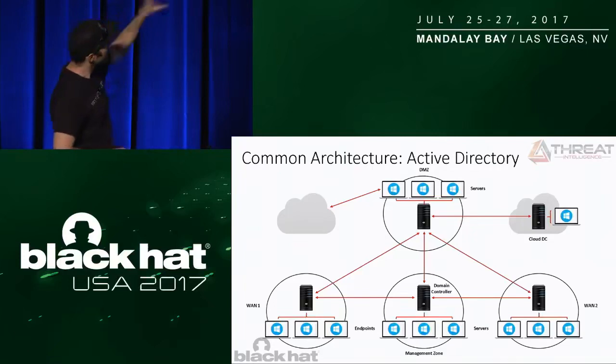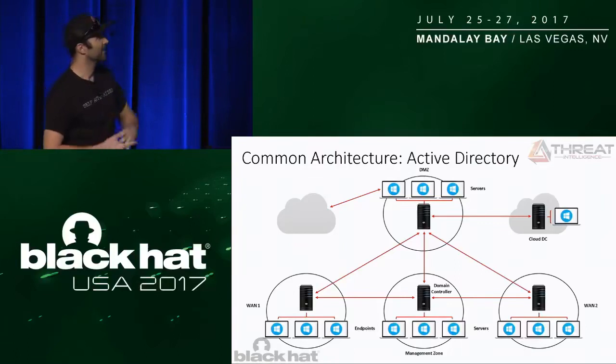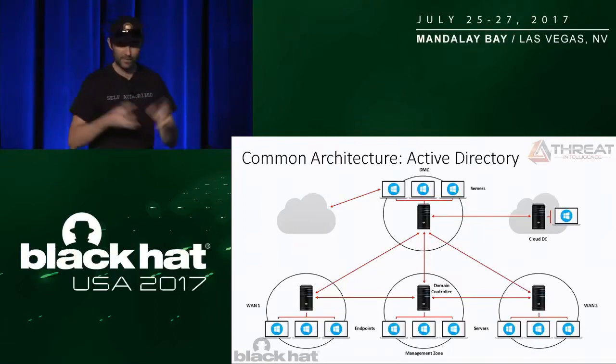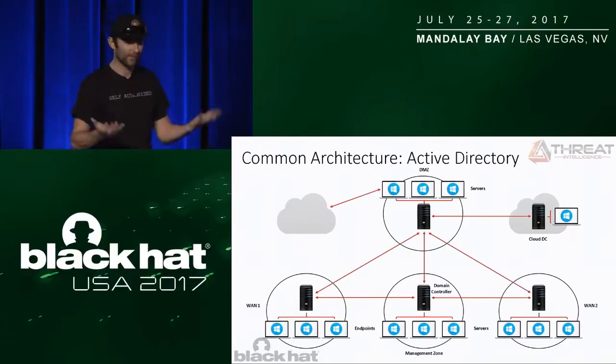So this is a picture of a common organization. You might have a DMZ, and you may or may not have a domain controller in there. You've got your cloud DC on the right, which may have a cloud domain controller in there. And then you've got your various different security zones, which may be your WANs or your various network segments, and they may have their own domain controllers in there as well, right?